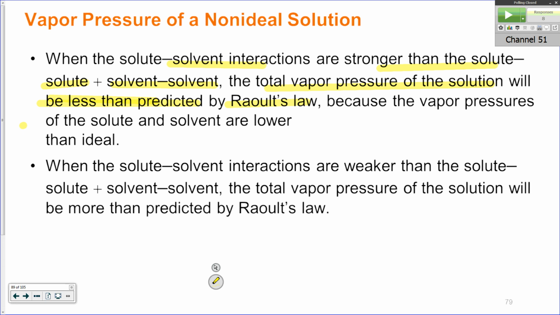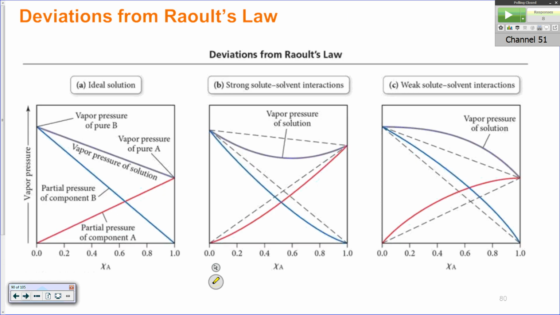What's happening, instead of going into the gas phase, the things are sticking together too much, or more than we would predict. So it causes the vapor pressure of the solute and the solvent to be lower than ideal. Now the opposite is also true. If the interactions are weaker than the solute-solute or the solvent-solvent, now the vapor pressure is higher than we predict by just simply adding the individual vapor pressures together.